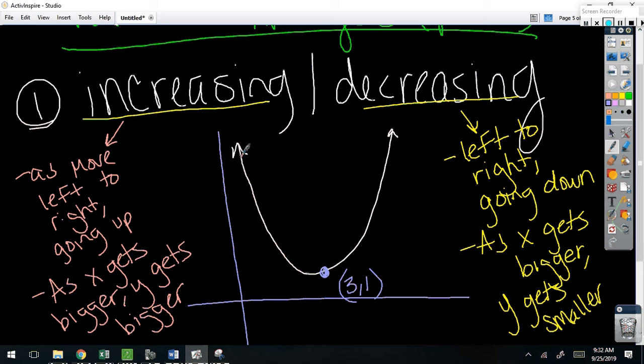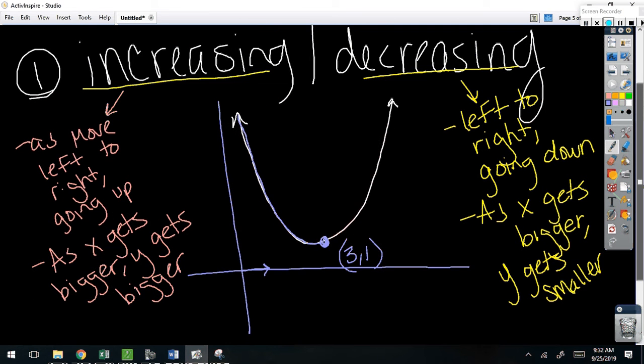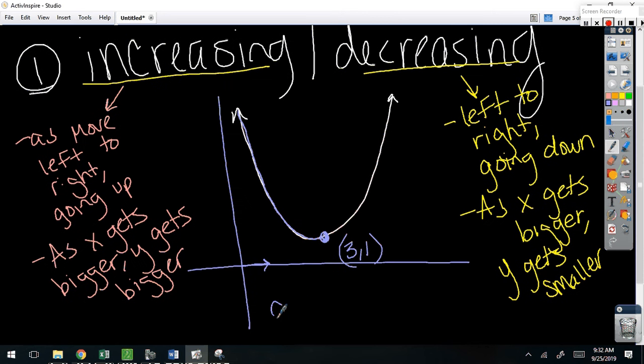When I start here, as I move across, as x gets bigger this way, what is this graph doing? Decreasing. So on this graph, I am decreasing on the interval. Now here I have to describe it.